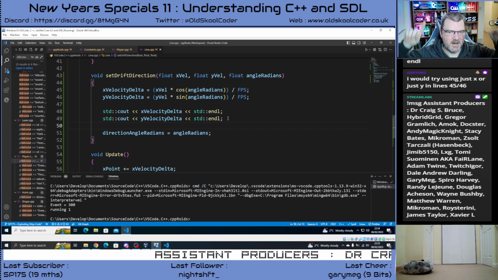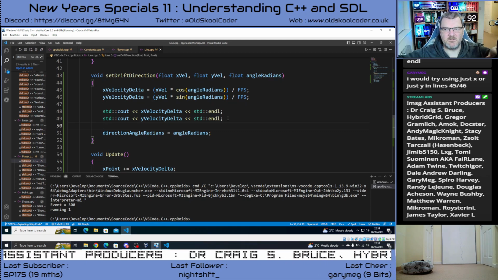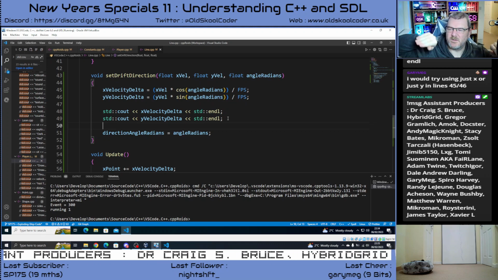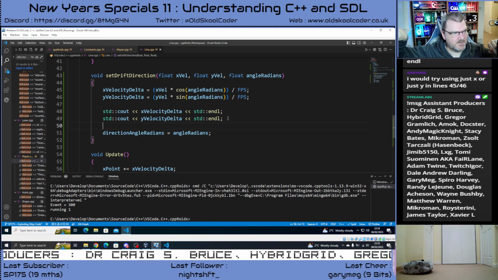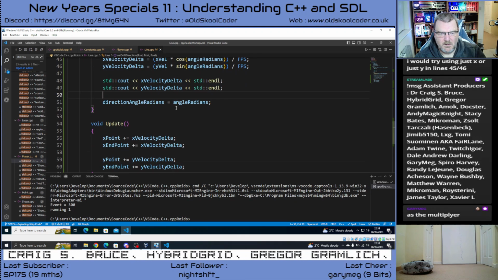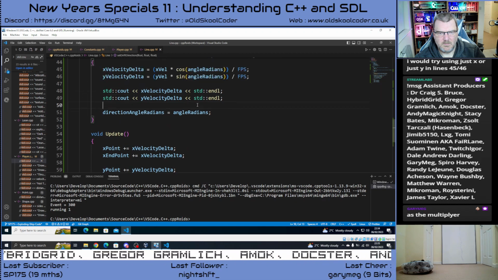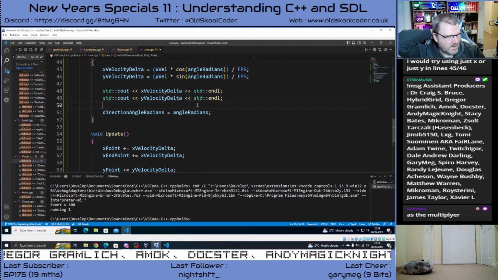We're trying to work out the velocity delta based on the angle, yeah? Because even though you're saying you want to go 10 degrees at 10 pixels, 10 pixels at 90 means that X is 0, yeah? As the multiplier.